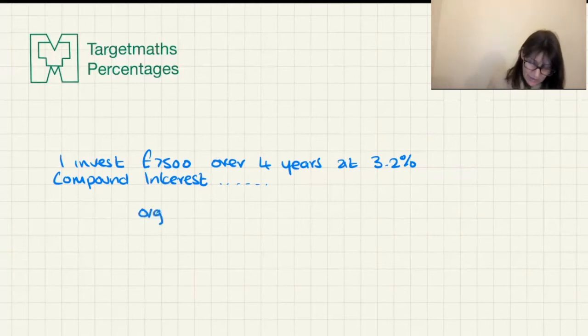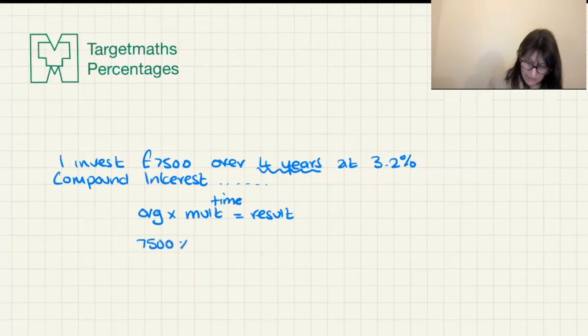Okay, so original times multiplier equals result. My period of time is in the question. So the original is 7,500. Okay, 100 plus 3.2 is 103.2. So 1.032 is your multiplier with the power 4 for the 4 years.